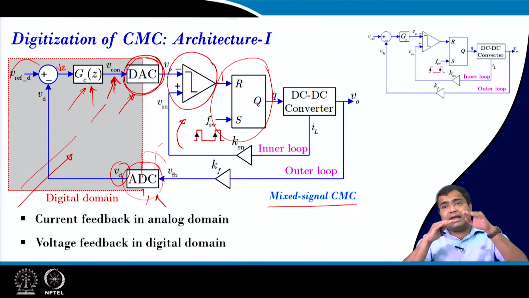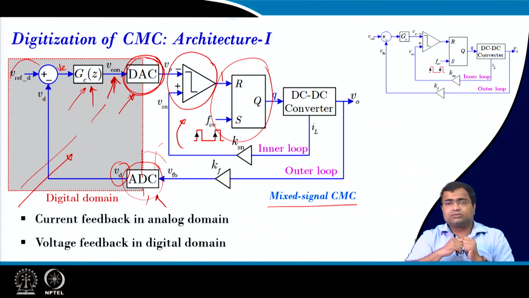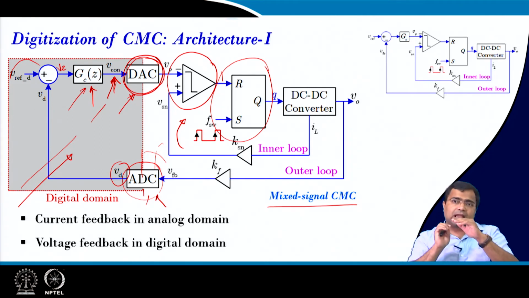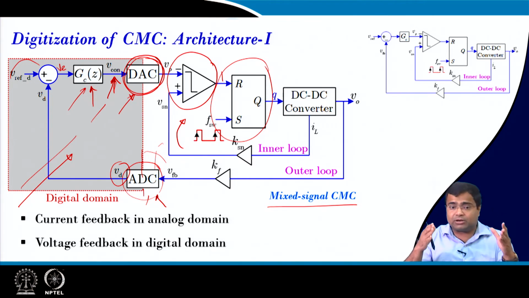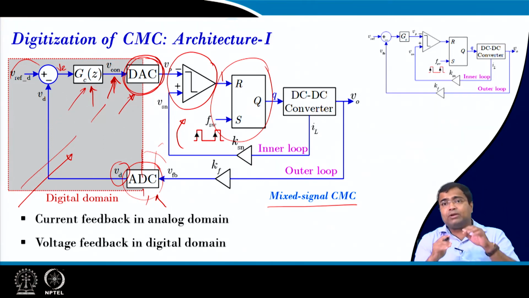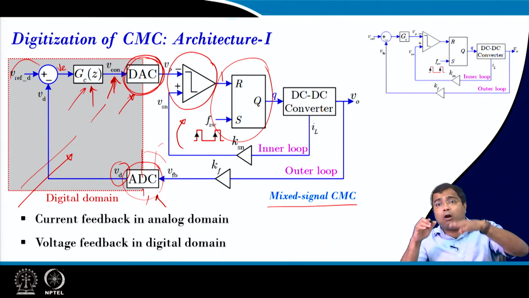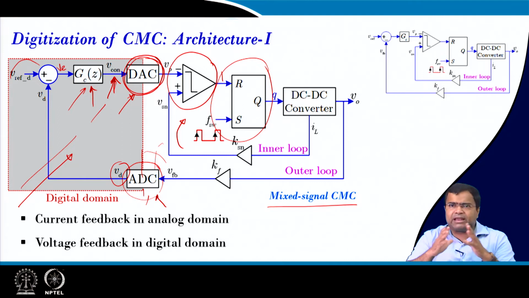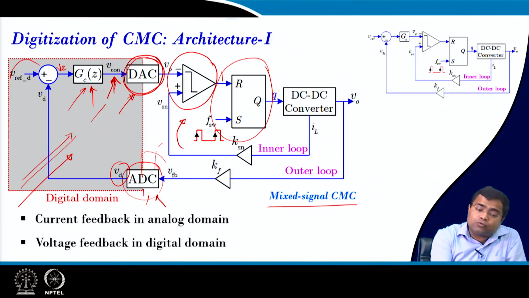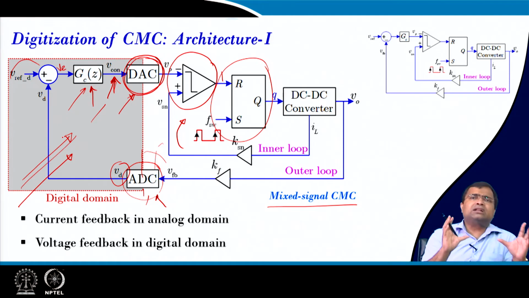There we need a constant current difference, and then the on time will be automatically adjusted, so it will behave like a constant on time control, and this will also ensure that the voltage ripple will not go beyond that, because we have discussed in lecture number 24 in our earlier course the different light load control methods. So here we can set the current difference to optimize the efficiency under light load control. So there are many possibilities which will not be possible, or in fact will be very difficult, in analog control. That is why this loop enables you to do whatever you want, other than just simply tuning the gain.